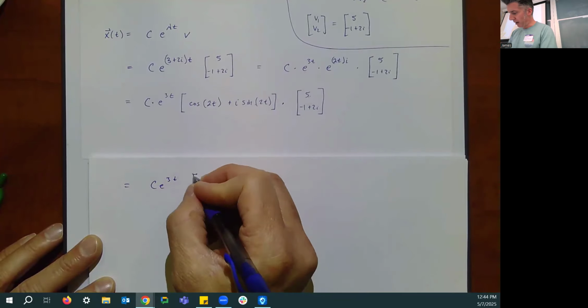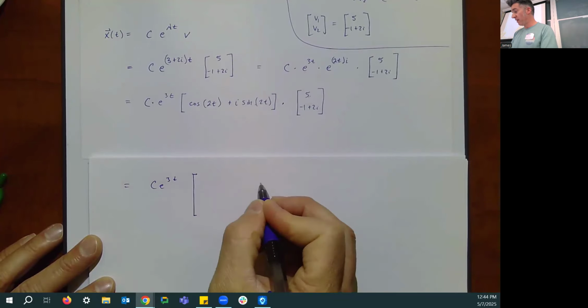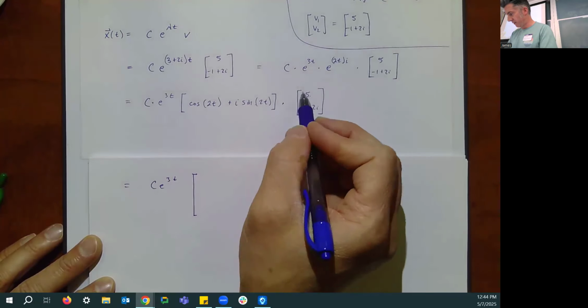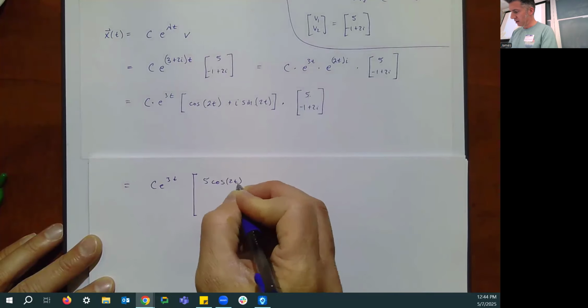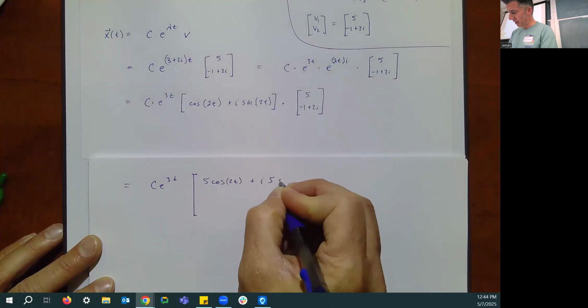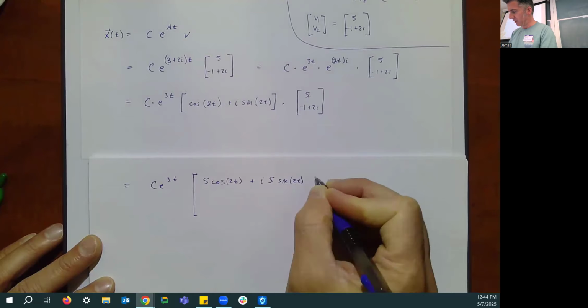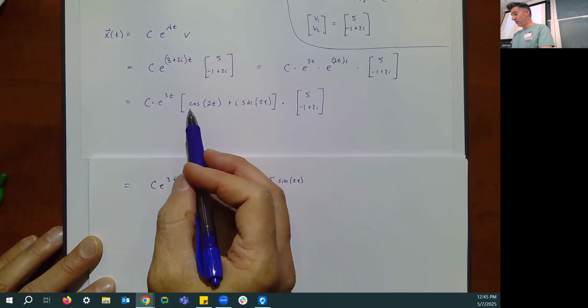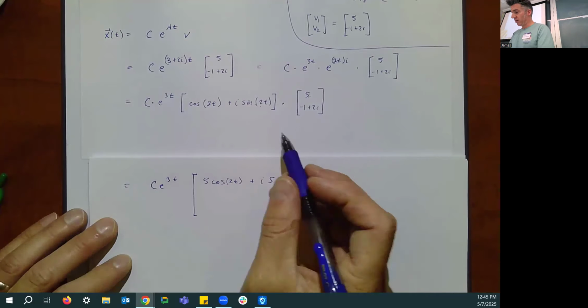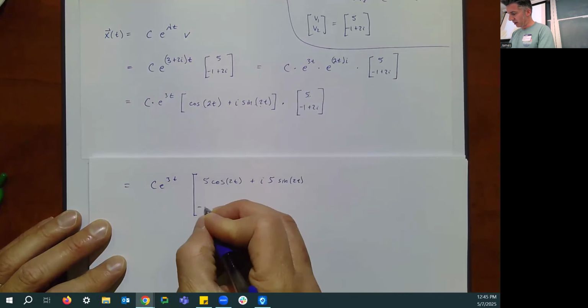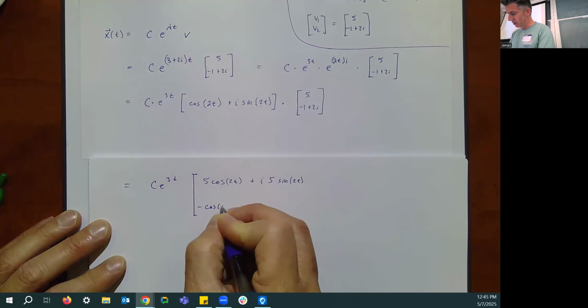So my first component of my vector is going to be this times 5. So once again, 5 cosine of 2t plus i times 5 sine of 2t. Yes, I wrote the i first this time. Now I'm multiplying this by the second component, so there's going to be some foiling here. I'm going to have cosine times -1, so negative cosine of 2t.